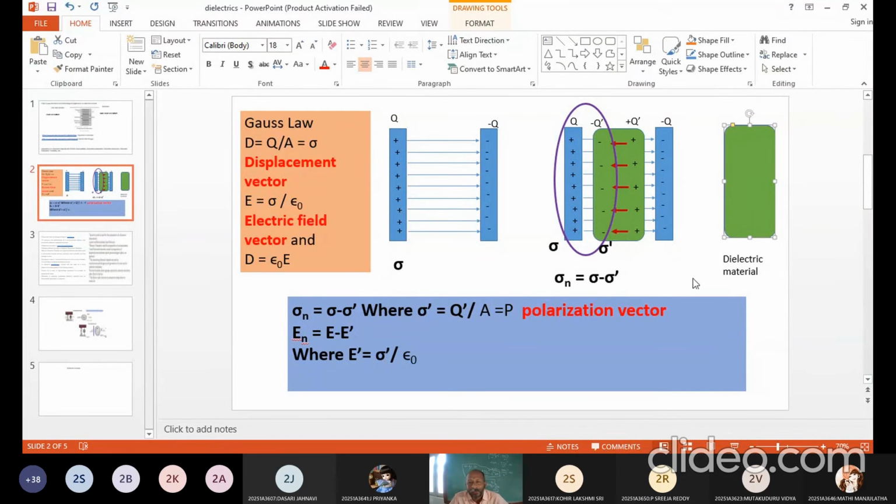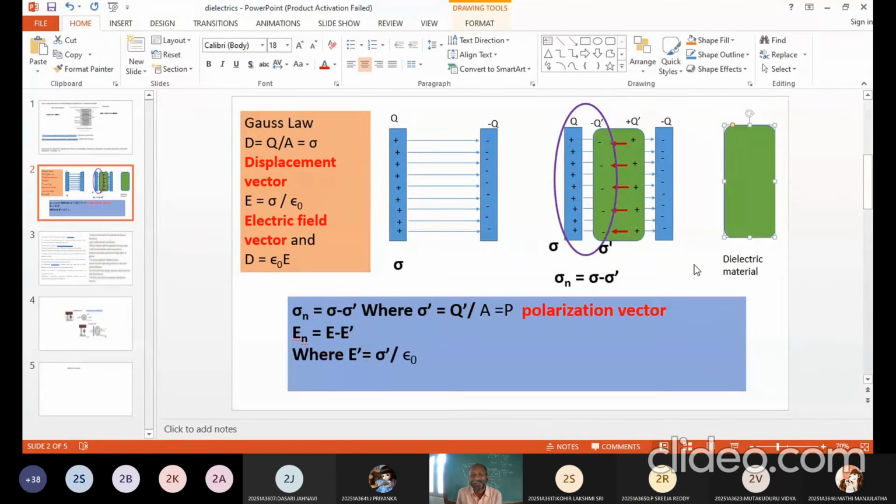What do the red arrows represent here? Polarization vectors. What do the red arrows represent here?